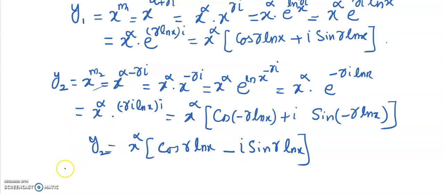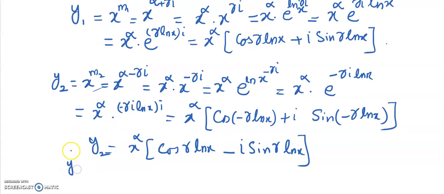If we add these two equations, y1 plus y2, and then divide by 2, you can very easily see that the sine term will cancel out, and what we will get is x to the power alpha into cosine of gamma log x.